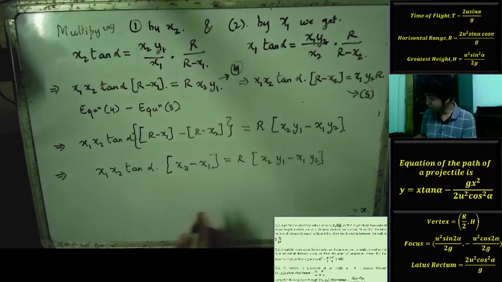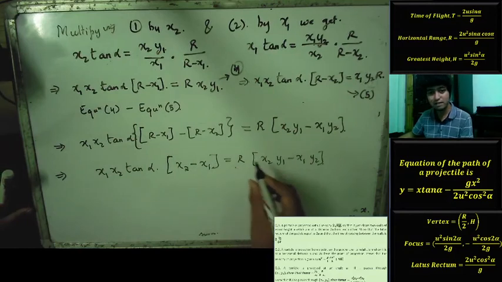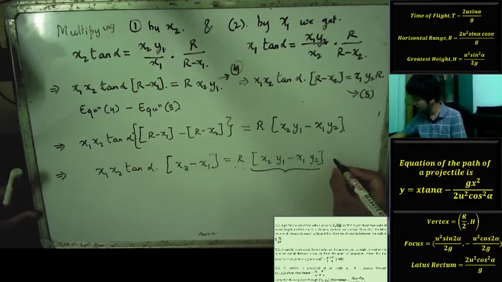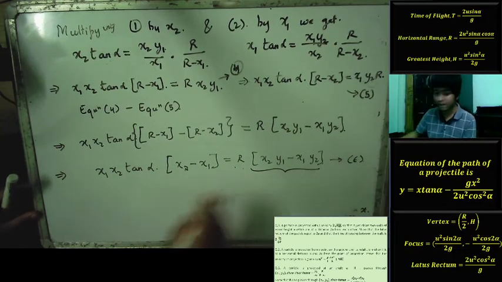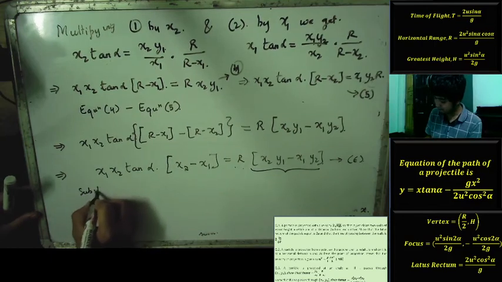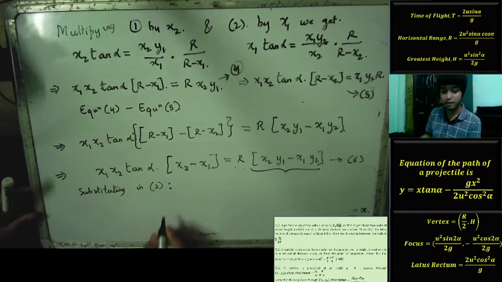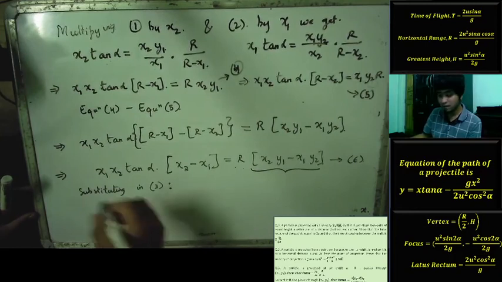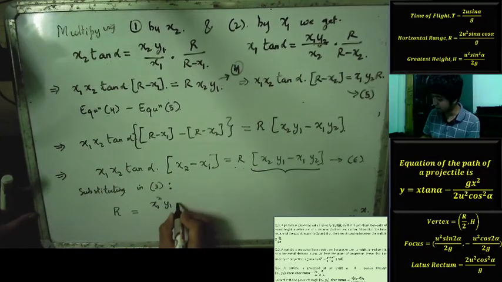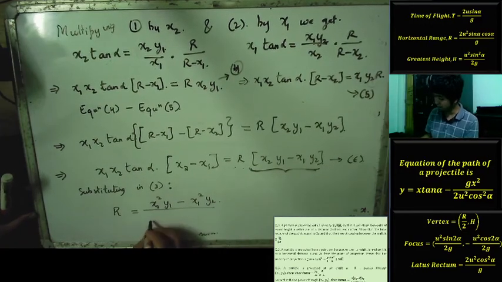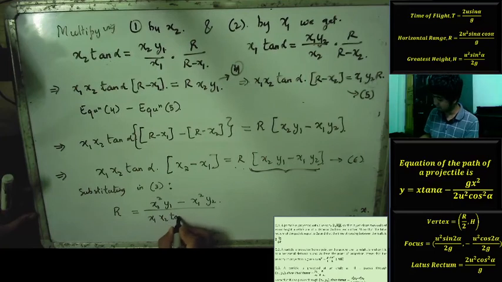Now what will we do? We can substitute this value in equation 3. If you remember, the numerator was x2 square y1 minus x1 square y2, and the denominator was this one, so you will have x1 x2 tan alpha times x2 minus x1 upon r.